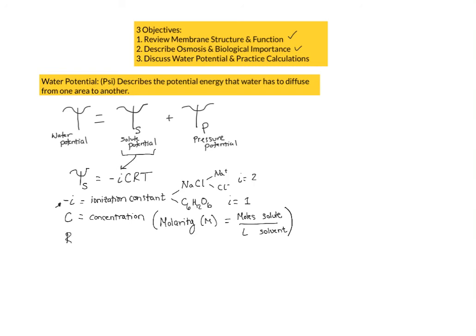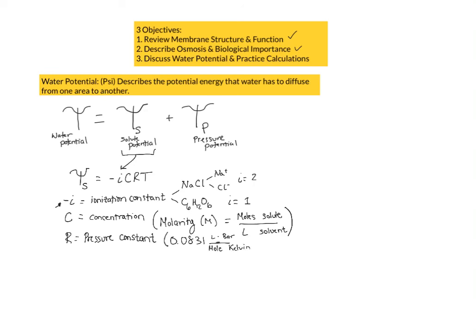R is going to represent our pressure constant, and this value is always going to be the same. You don't need to memorize this. I'll write it here, but you'll always be given it on any type of exam, especially the AP exam. They give this to you as well. So this value is 0.0831 liter bar per moles Kelvin.